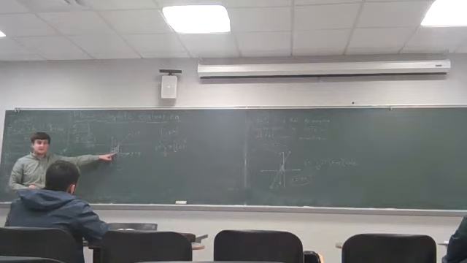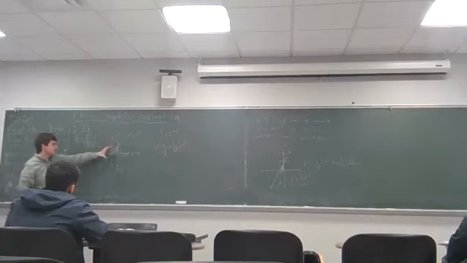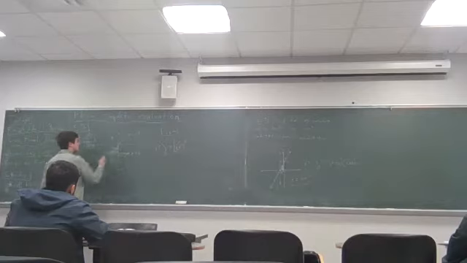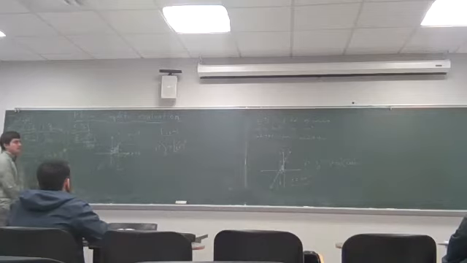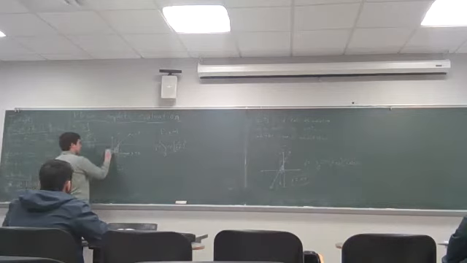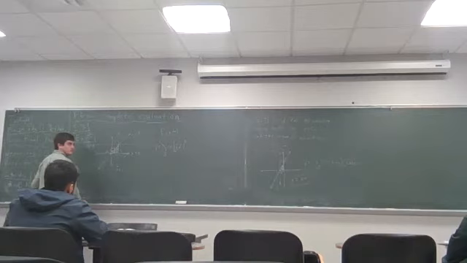That's 2x. The height of that rectangle at that point is 2x. But I don't want 2x. I want the distance from here to here. So if this white height I just drew here is 2x, then the inner radius is 2 minus 2x.